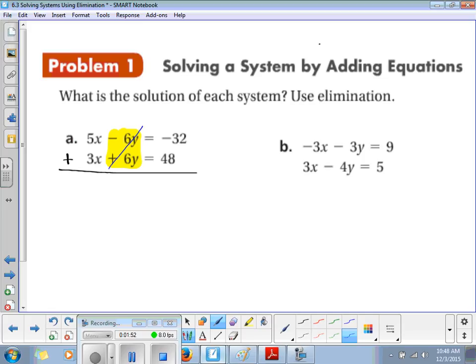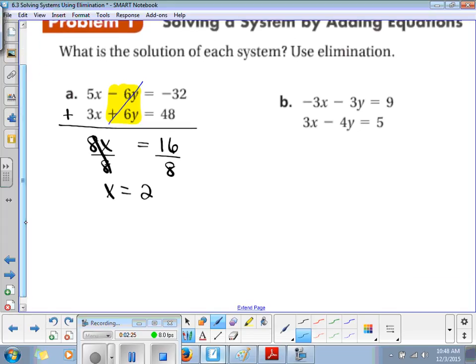So if we add the rest of the equation, we've got 5x plus 3x is equal to 8x equals negative 32 plus 48, which is 16. And now, how do I get the x by itself? Divide by 8. So x is equal to 2. Because we eliminated the y, we solved for x.